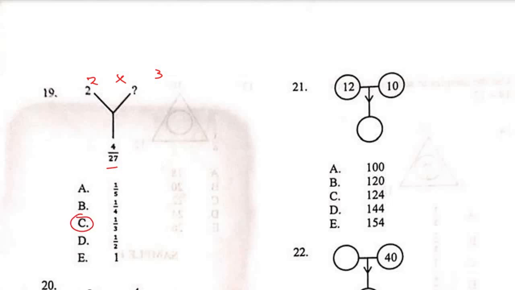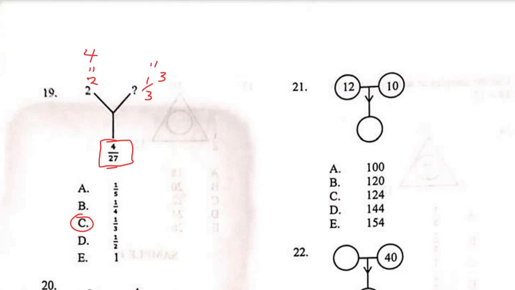C satisfies this. Okay? So if we have, let me wipe this, 1 over 3 cube. The cube of 1 over 3 and the square of 2 should give us this base number, which is 4 out of 27. 2 square will give us 4.